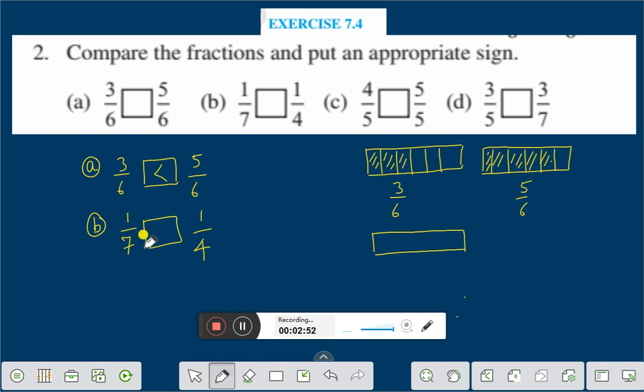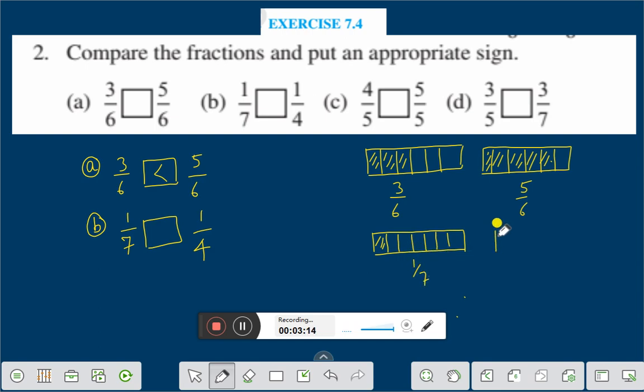If we divide it into 7 parts, that is 1, 2, 3, 4, 5, 6 and 7, right? And suppose one part is shaded. This is 1 by 7.